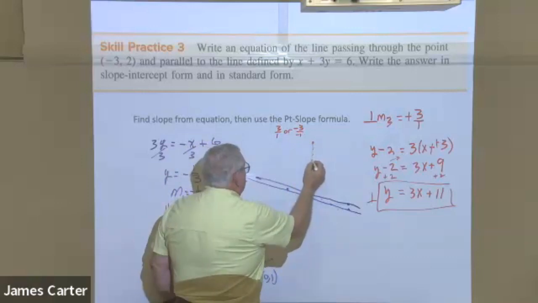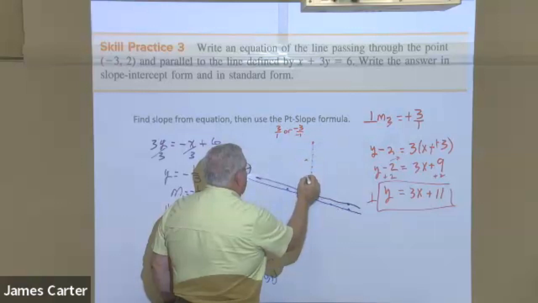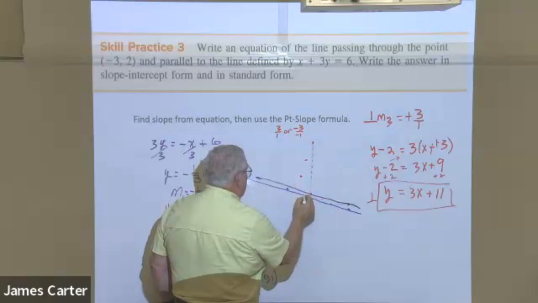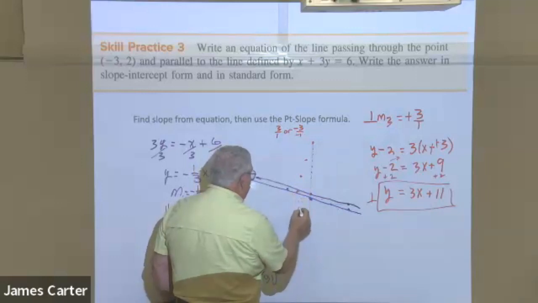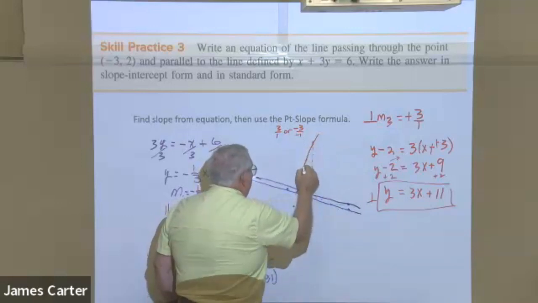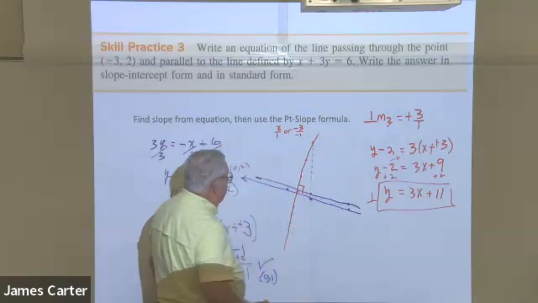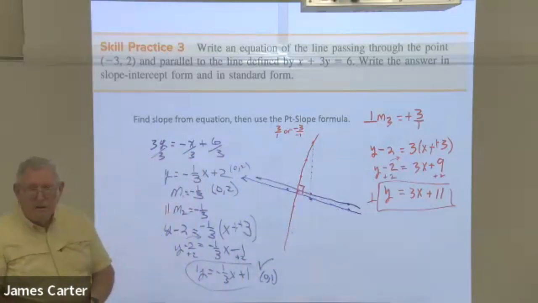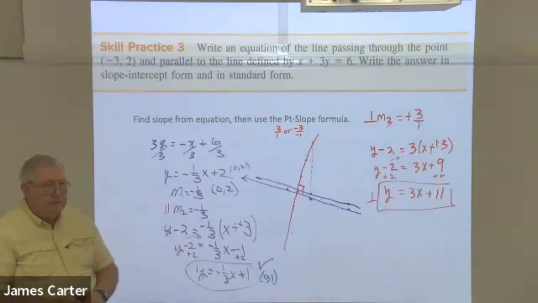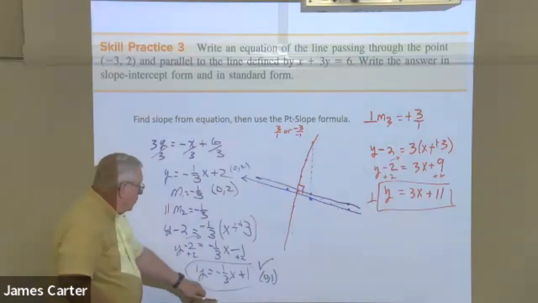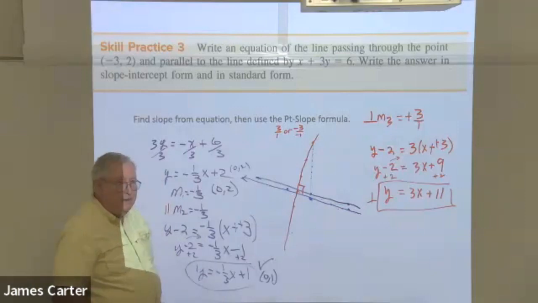Down 1, 2, 3, left 1. Down 1, 2, 3, left 1, and so on. And this one is indeed at a right angle to both of those. In other words, it's perpendicular to them.